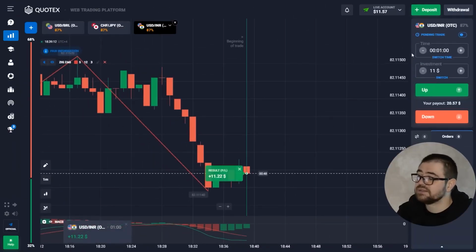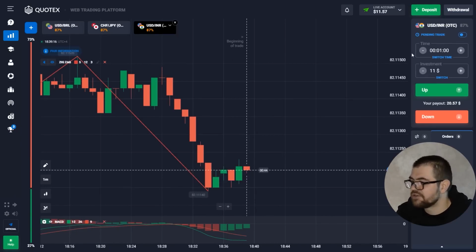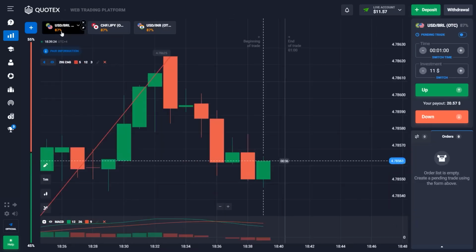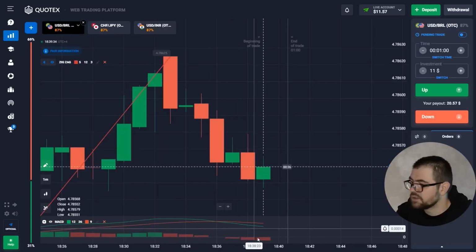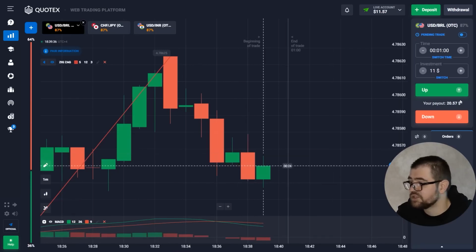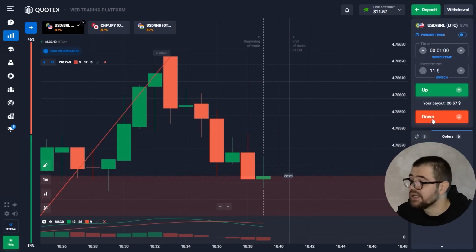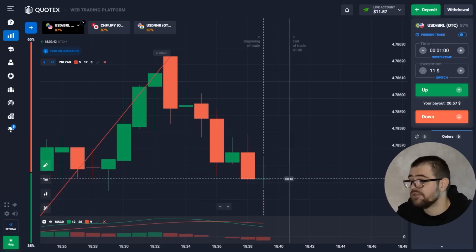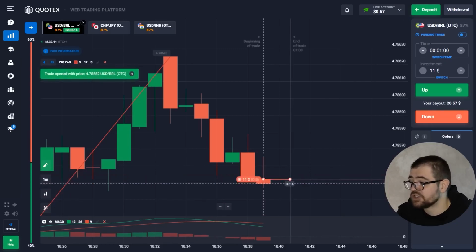11.22, and there we are. We have this profit here, and we're gonna go ahead and, okay, so we have a clear situation here for a put option. You see MACD there is shown a very nice situation.